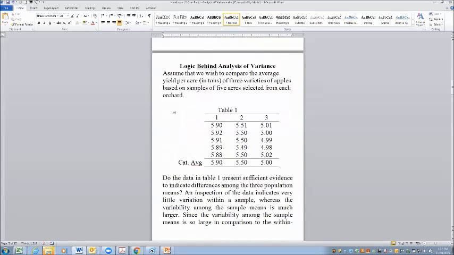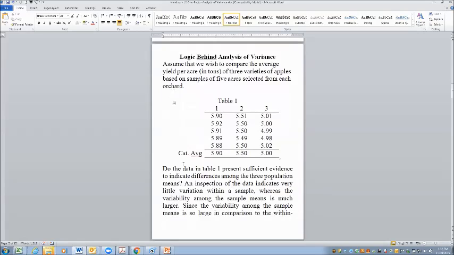So let's look at a specific example to try to illustrate the logic. This will be a numerical example similar to the dart example, but it will put it in hopefully a better context. So let's suppose that we're interested in comparing the average yield per acre in tons of three varieties of apples, where we take samples of 5 acres selected from each orchard.